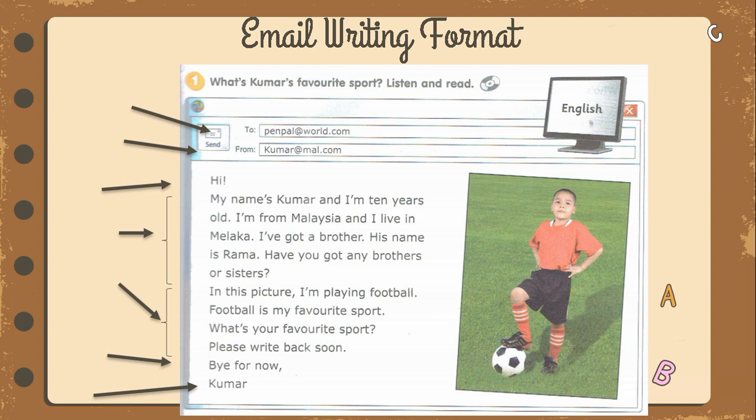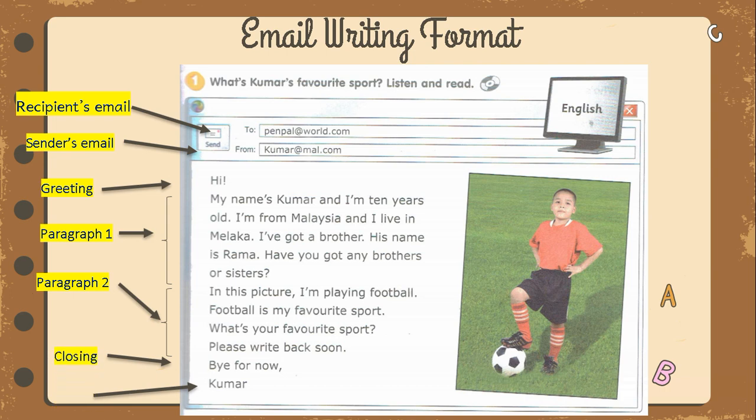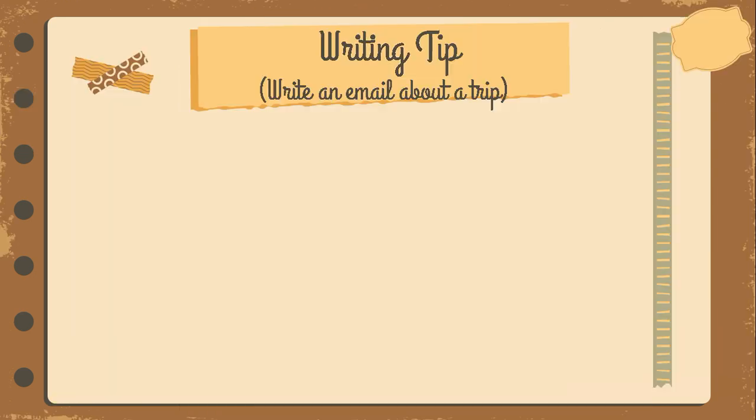An email contains recipient's email, sender's email, greeting, paragraph 1 and paragraph 2 are for contents, closing, and name. Alright, now let's move on to the writing tips on how to write an email about a trip.